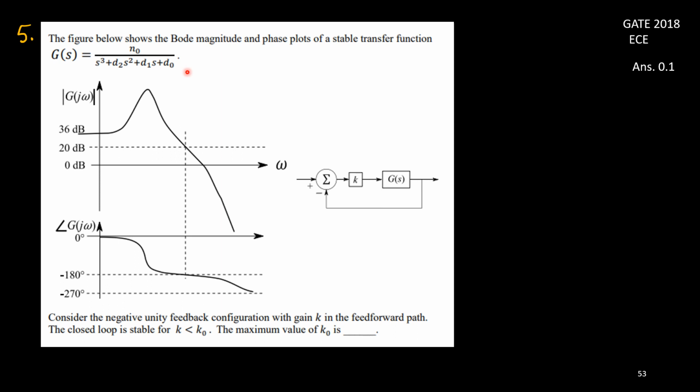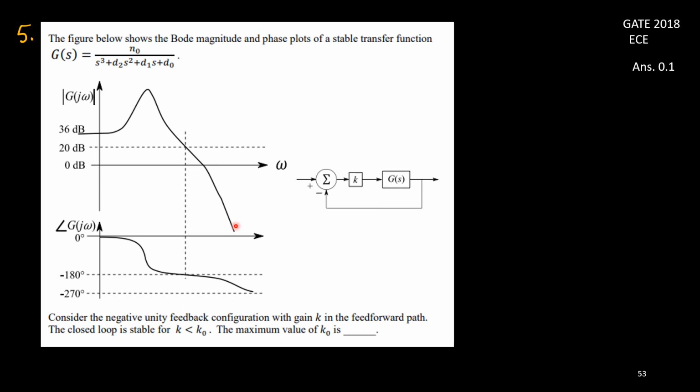Figures are mentioned here. You see the Bode plots are provided, and you can see that the phase plot is moving towards minus 270 degree. That is matching, and the final slope should be minus 60 dB per decade. But this figure is not given because exact pole locations are not mentioned, so we can't comment here.